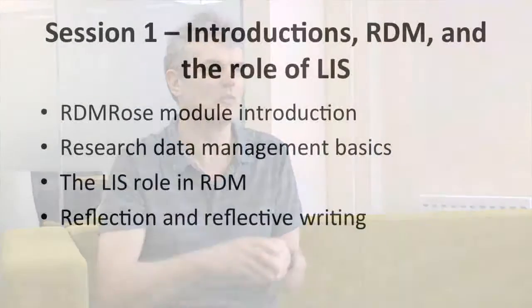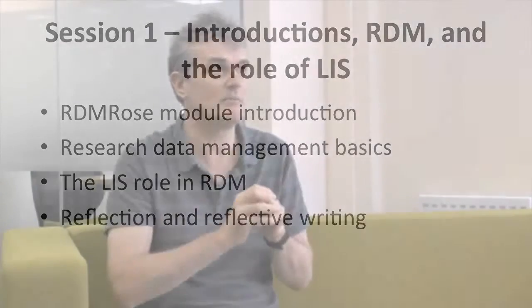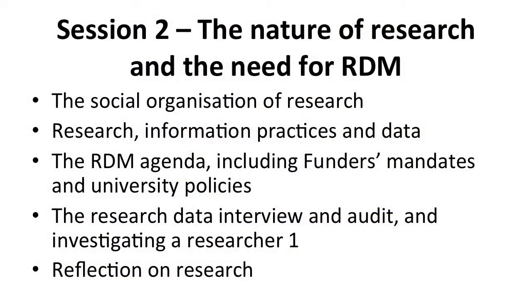Session 1 really just introduces the whole module, but also focuses particularly on the incentives for researchers to do better RDM, and also explores a range of possible library roles in research data management. Throughout the whole module, what we're trying to do is explore different ways that libraries can support RDM.